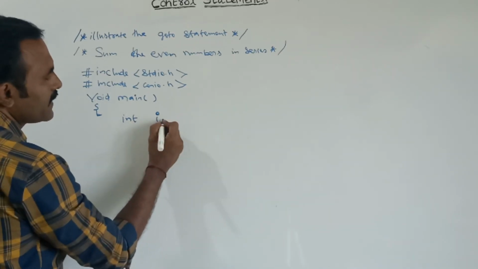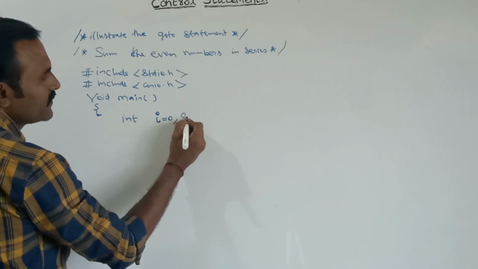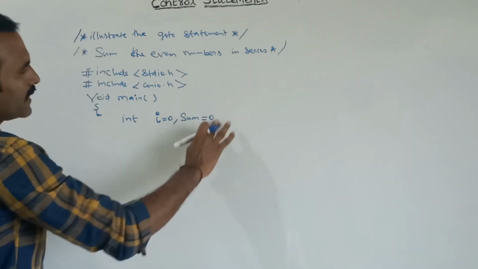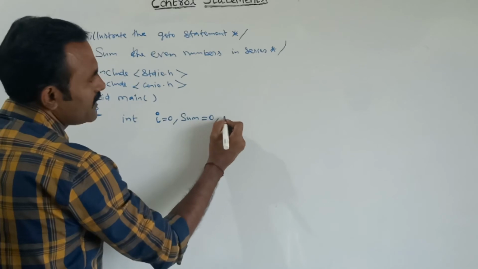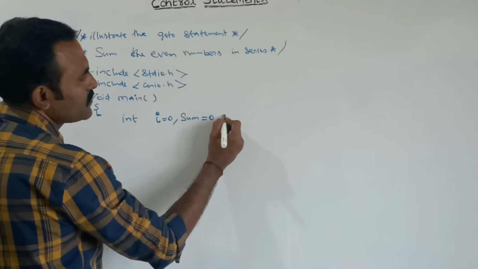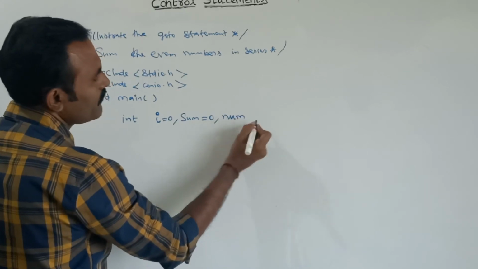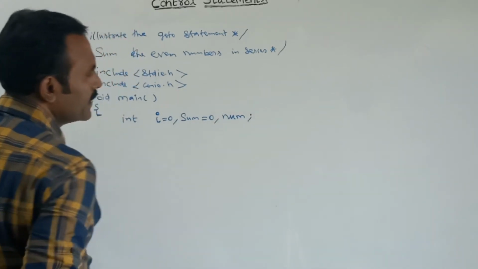Let us declare and initialize the values here itself. First i is equal to 0, second sum is equal to 0, and next the maximum range, we need to get the maximum number. So here I am using this variable num. The maximum range value will be stored in num.